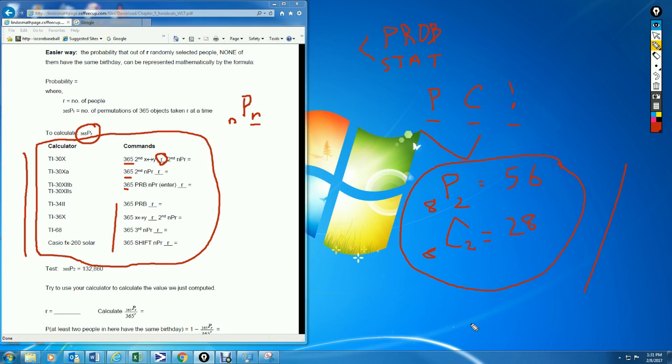Let me know, hopefully tomorrow, if we're in class. I'll help you. Although, I probably don't have your exact calculator model, and often the best advice I can offer is talk to another student that has the same calculator and see if they have figured it out. Okay? But it is vitally important that you know how to do permutations and combinations on your calculator.